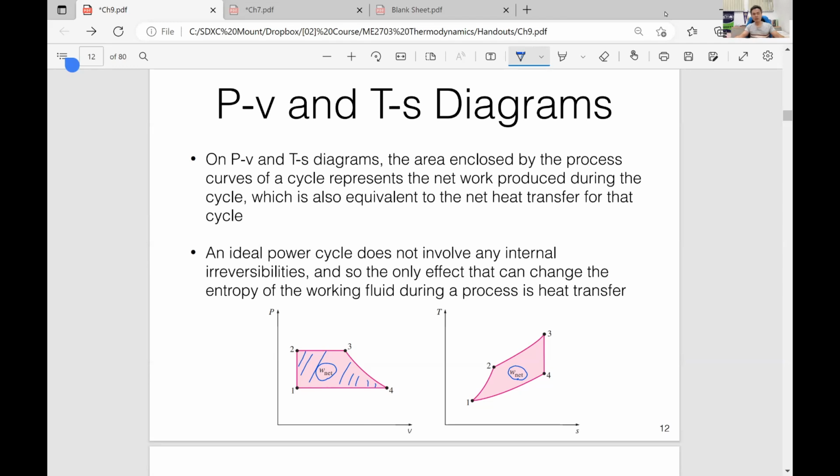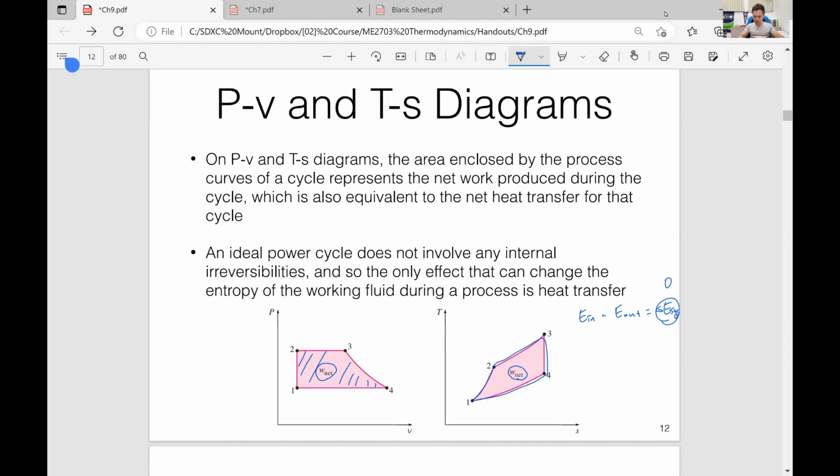From the energy balance point of view, this does not need to be well insulated. Well, there must be a heat transfer, right? So it's not insulated. From the energy balance, because this is a cycle, delta E system is 0.